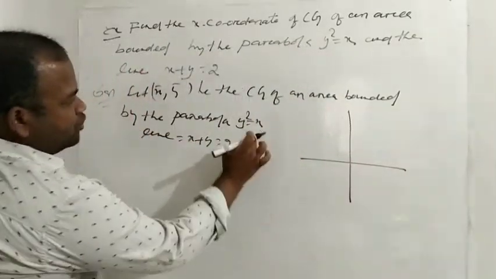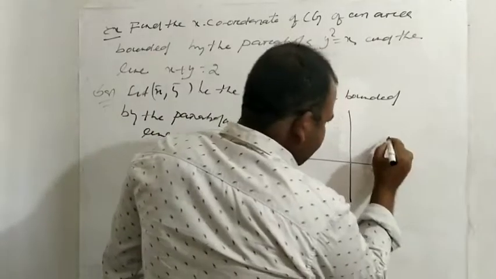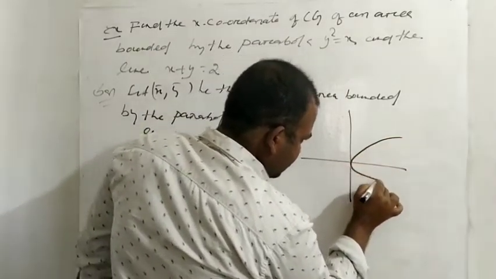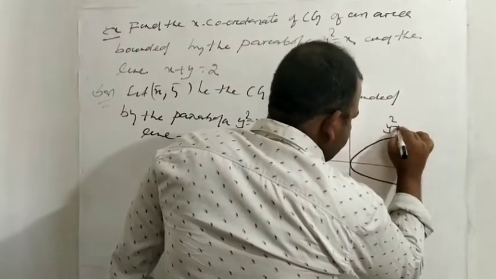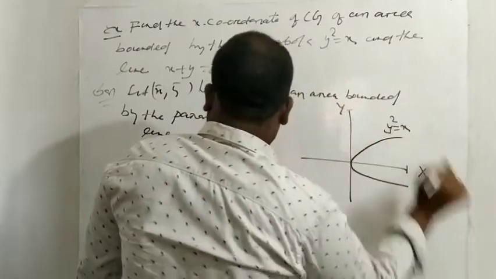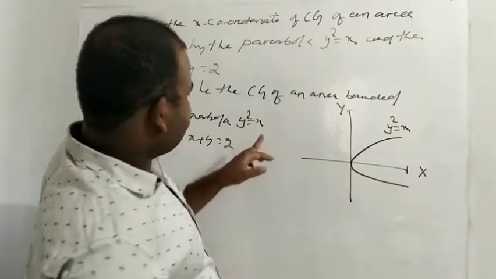This is the parabola y square equals x, with the x-axis and y-axis. Now we will find the points of intersection.